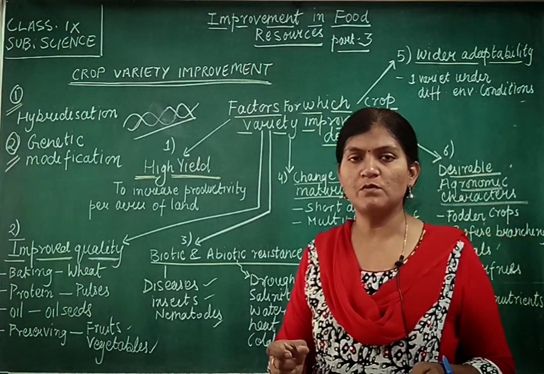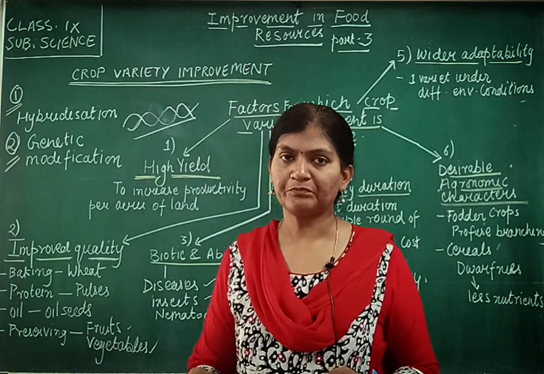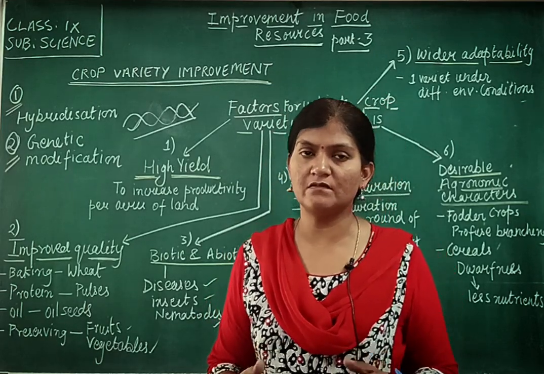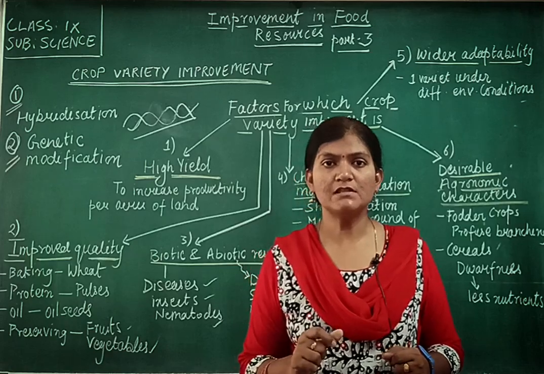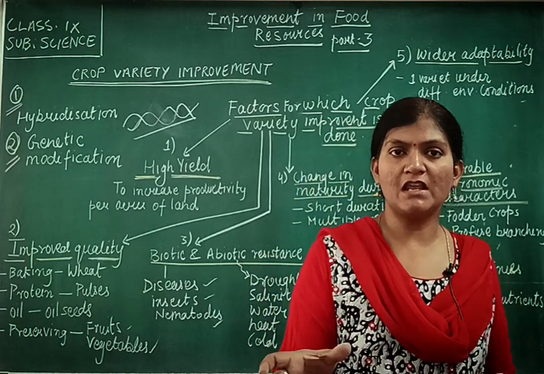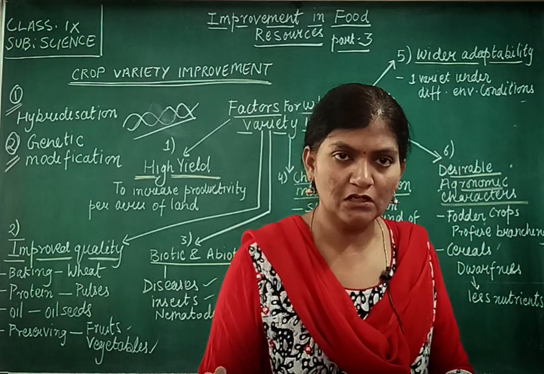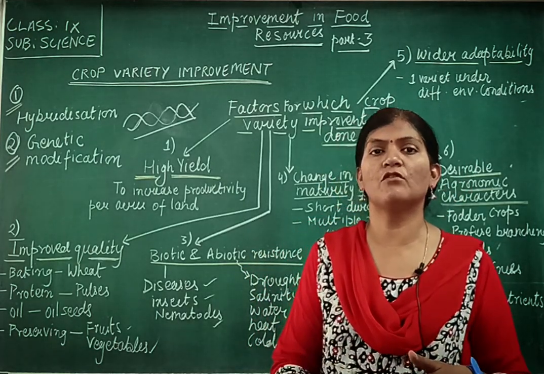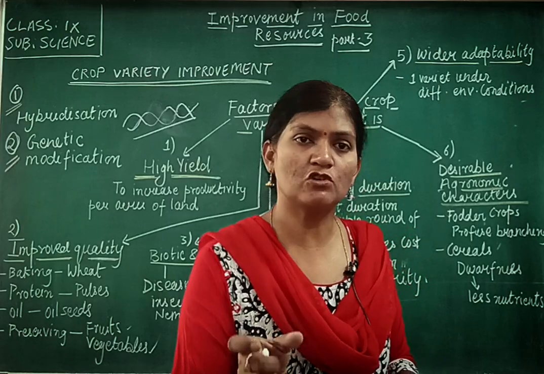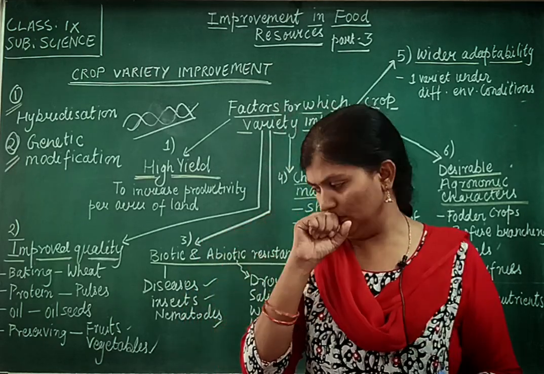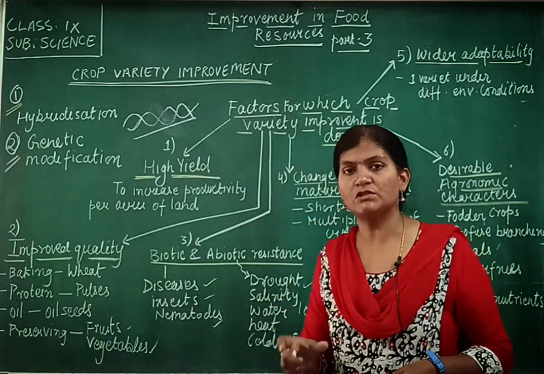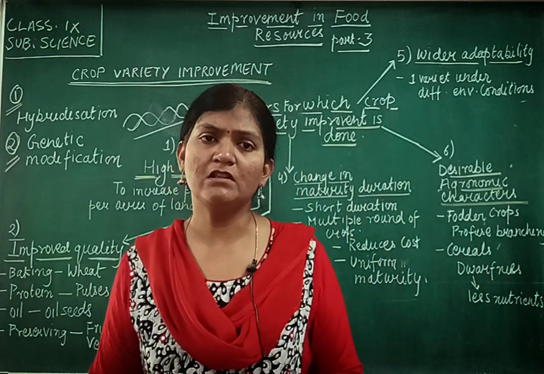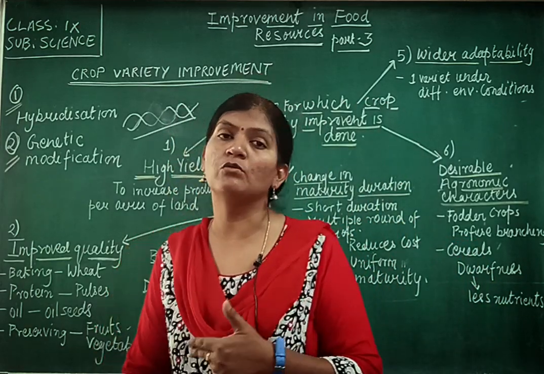Suppose we have a crop where the time between its sowing and harvesting is 3 months, then within a year we can grow 4 different types of crops if each crop takes only 3 months to grow. So, if the crop has a shorter duration, then we can grow multiple rounds of crops in a year.